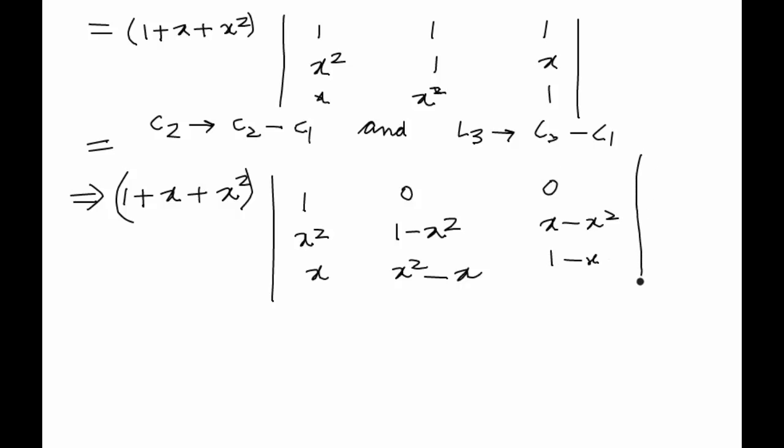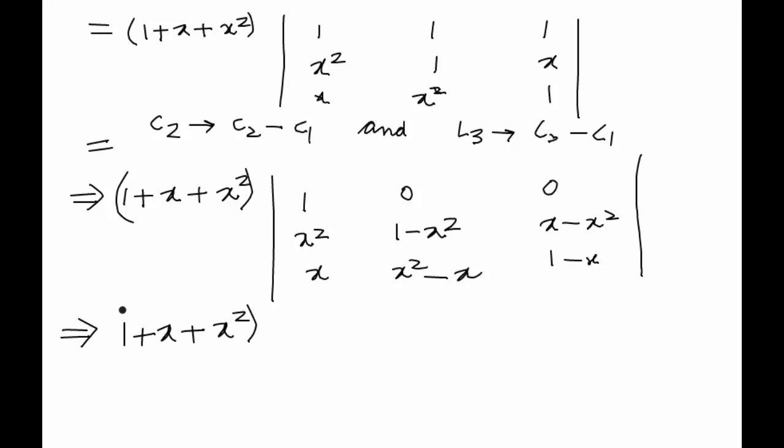So we see that now 1 minus x is common in C2 and so is in C3. We can take that part common. We will get 1 plus x² as it is from the previous step.